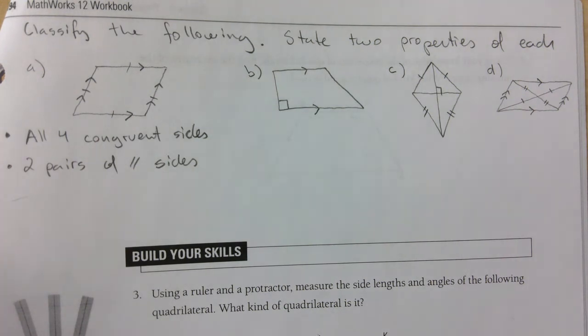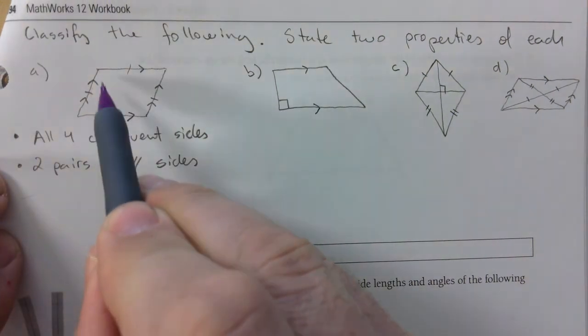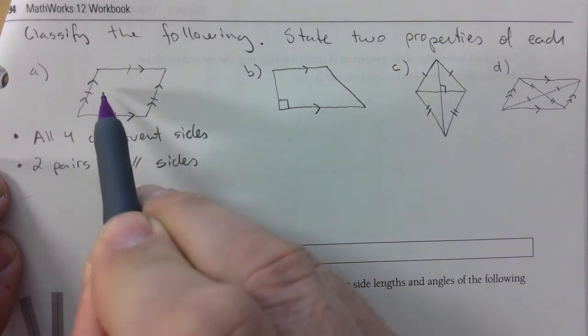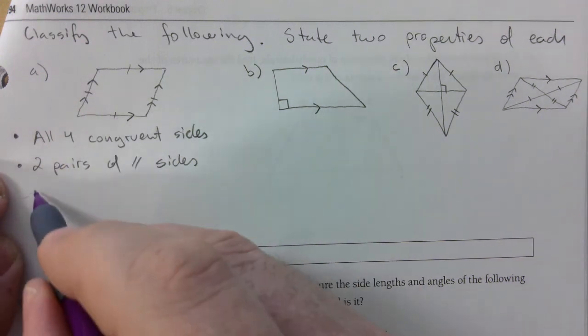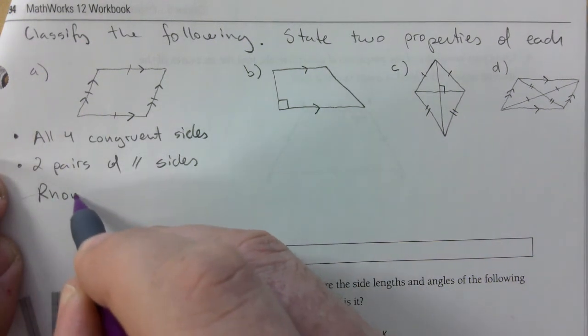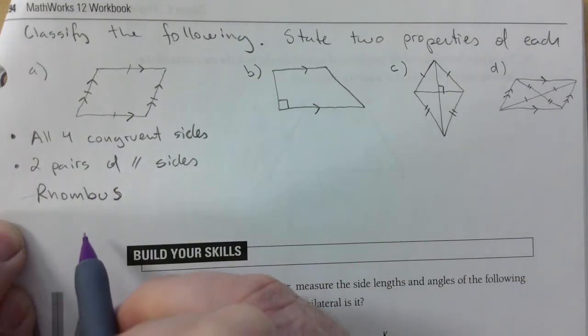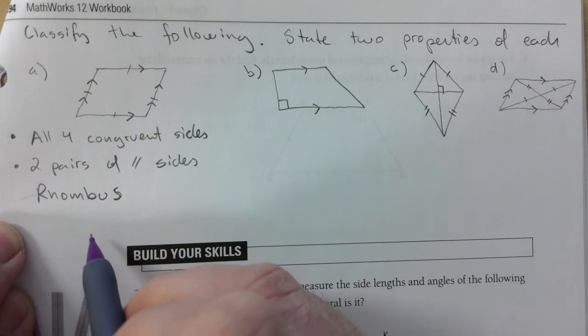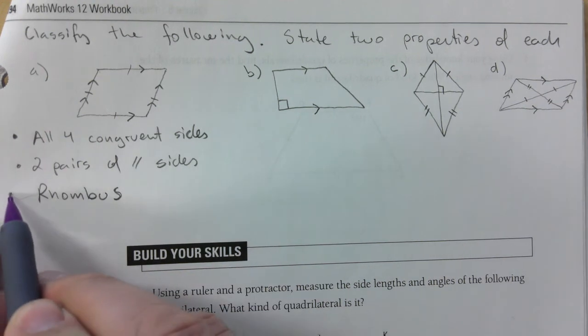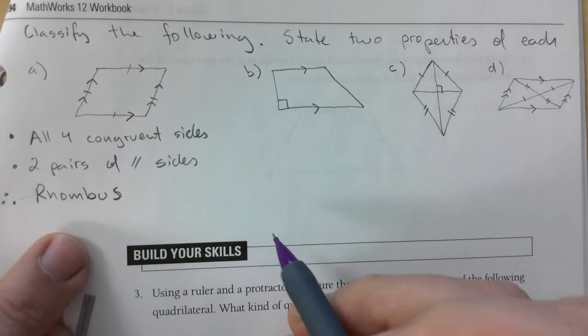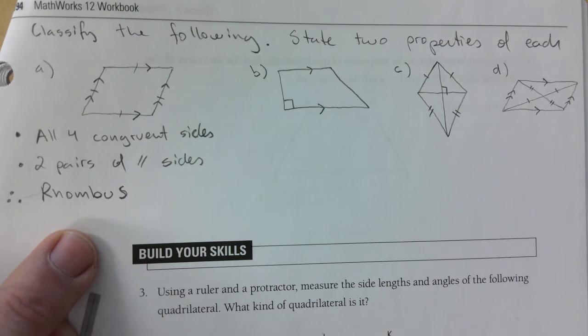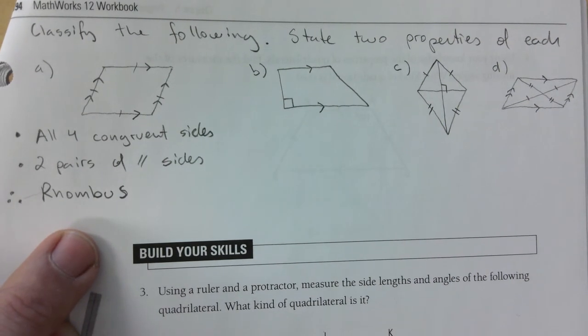But also you don't have the 90-degree markings on the corners. So this is a rhombus specifically. If you said a square, this would not be right. Therefore, a rhombus. So you have to be as specific as possible to get the mark.